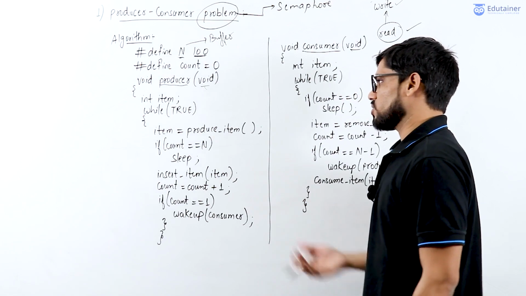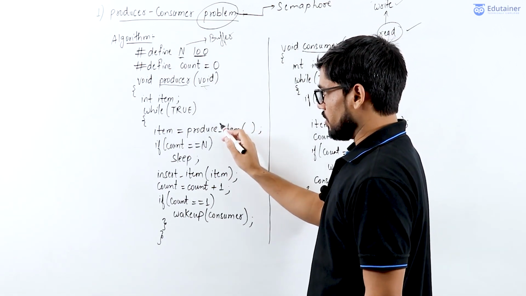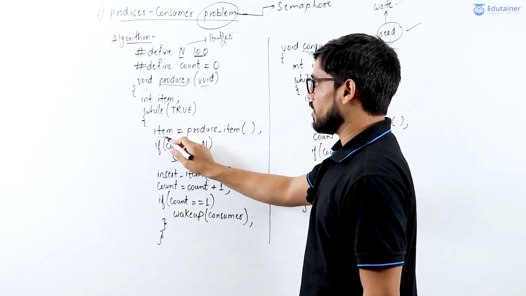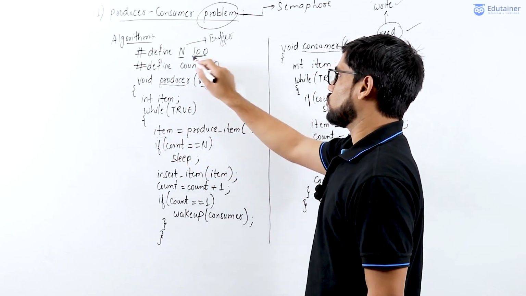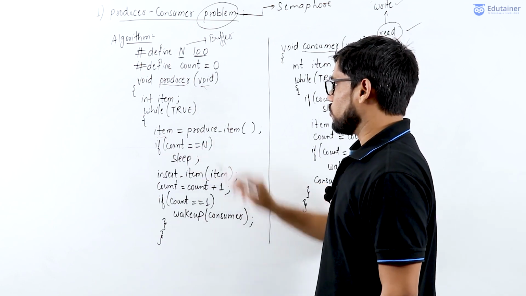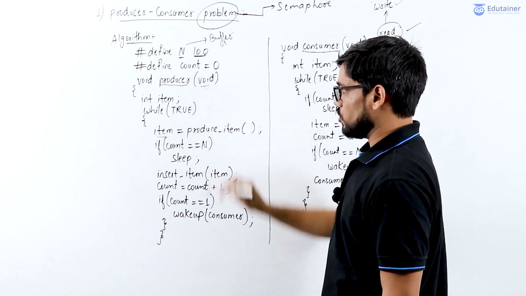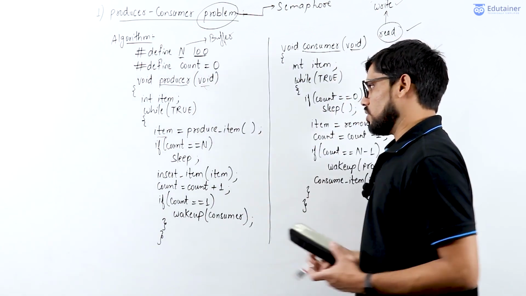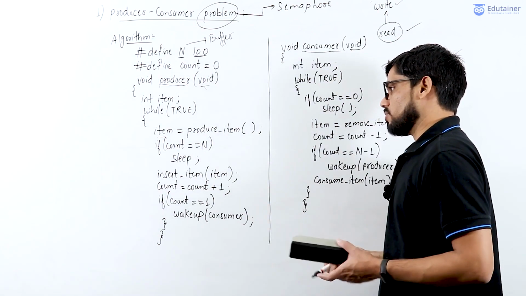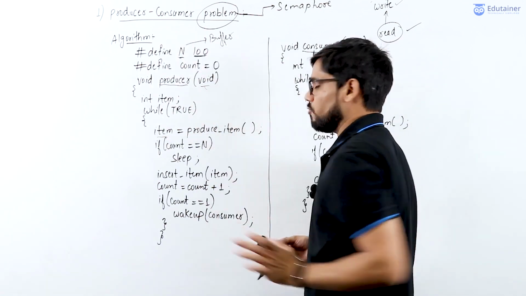So the producer continuously produces items, and whenever it produces an item, it stores it in the local variable, and through the local variable we store it in the buffer. If count equal to N: at the initial phase count equals 0, but when the producer is continuously producing items, after some time the buffer is full.